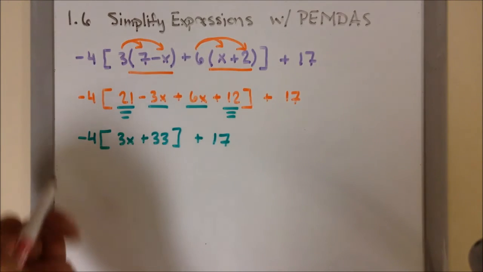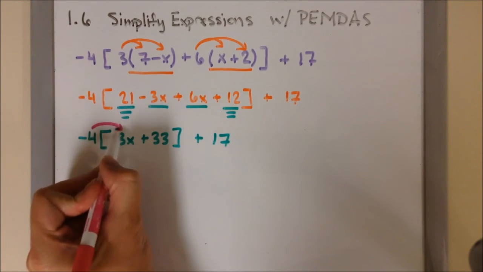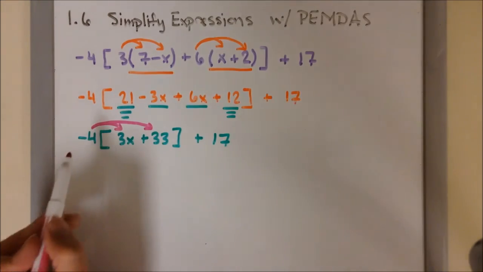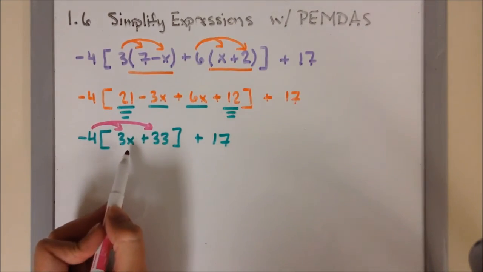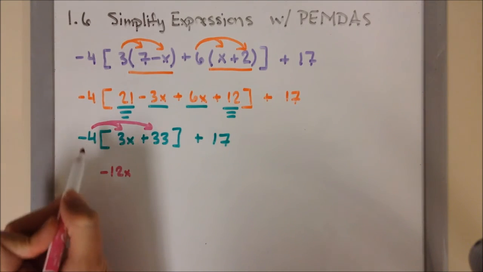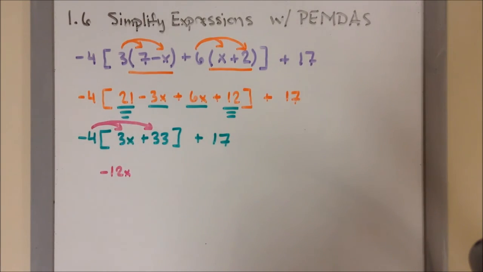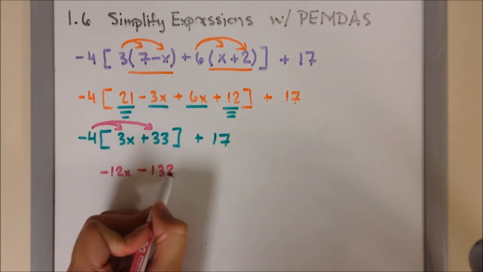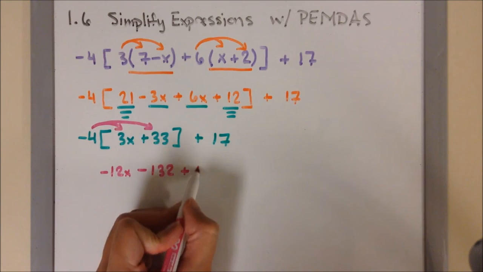From there, I'm going to distribute the negative 4 to everything inside the bracket. So negative 4 times 3x, that's going to be negative 12x. Negative 4 times 33, that's going to be minus 132. And then bring down the plus 17.